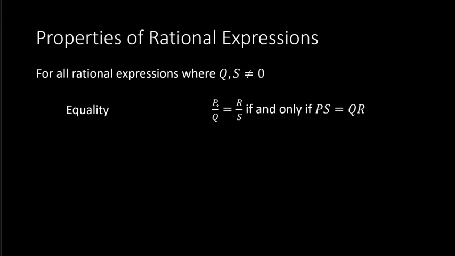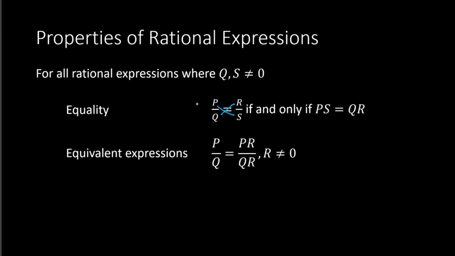So if we multiply p times s, that must equal q times r. Then we have equivalent expressions, where if we have a fraction such as p over q, we can multiply the numerator and denominator by any number, here multiplying by r. The only exception is that r cannot equal 0.